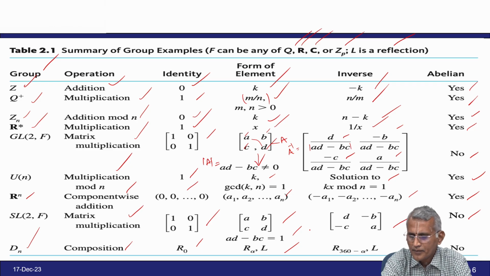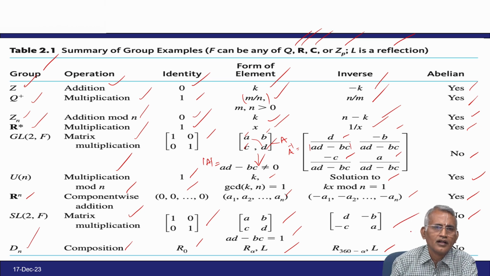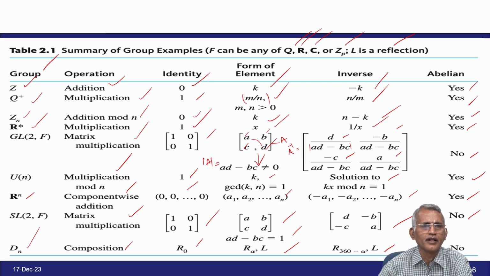It does not obey A star B equal to B star A, because in the anti-clockwise direction the angle becomes negative. Therefore, it is not an abelian group, whereas it obeys the group properties.